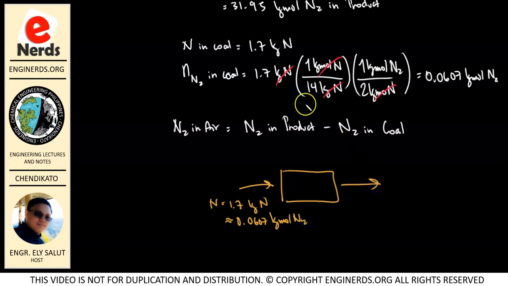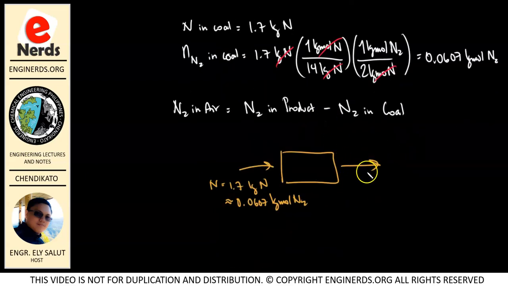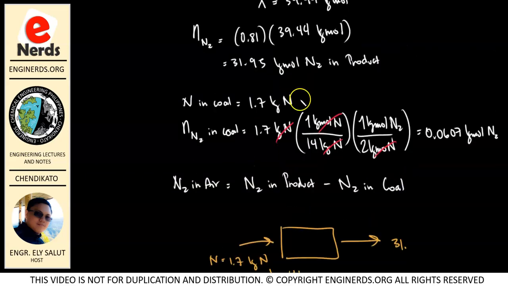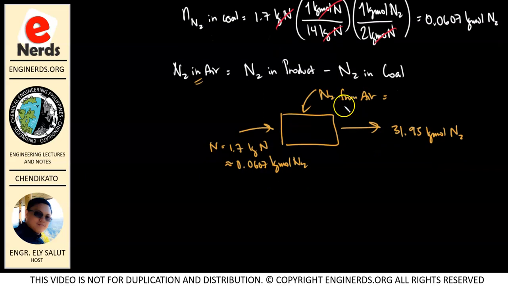And then, ang product natin, we have 31.95 kilogram mole ng N2. Okay? So, saan ang galing yung rest of N2? It's coming from air. So, we have N2 from air. Ayan yung kailangan nating makuha. So, this is the one. N2 from air is equal to N2 ng product minus yung N2 coming from the coal, no?